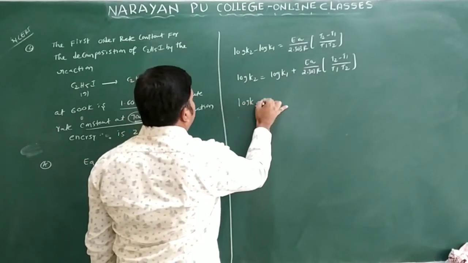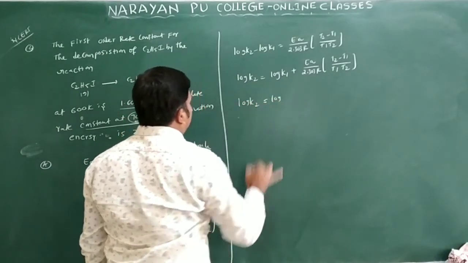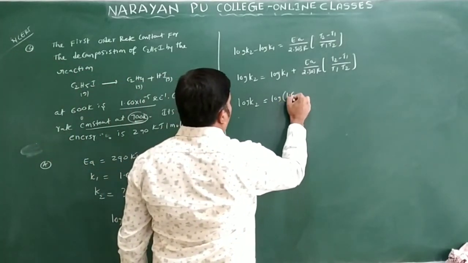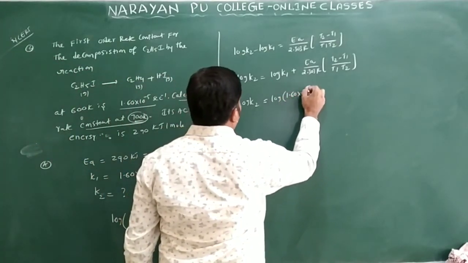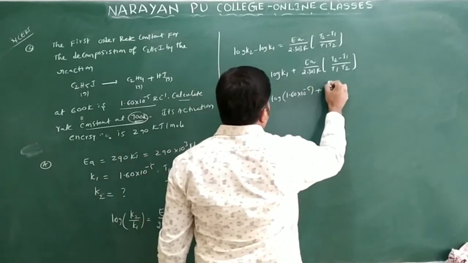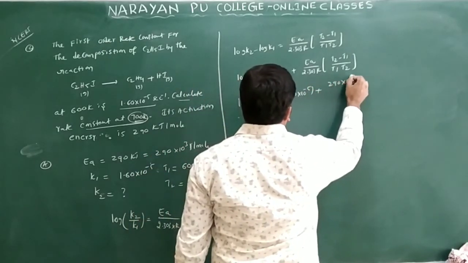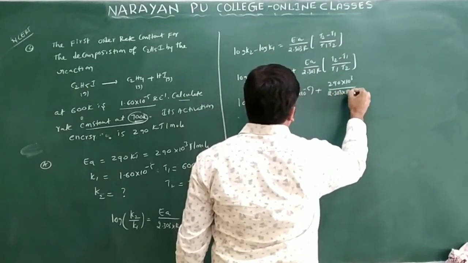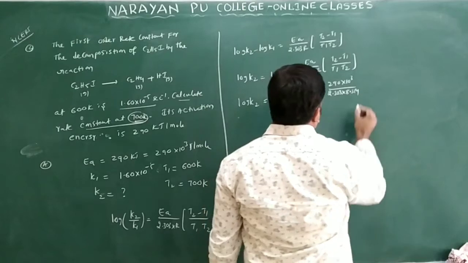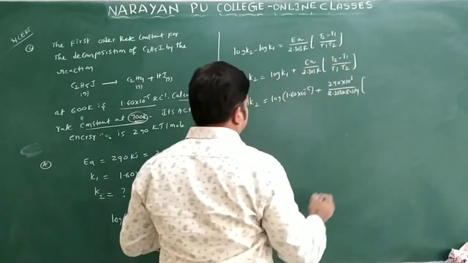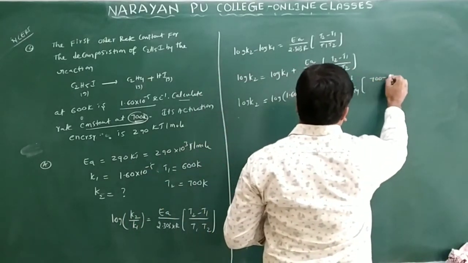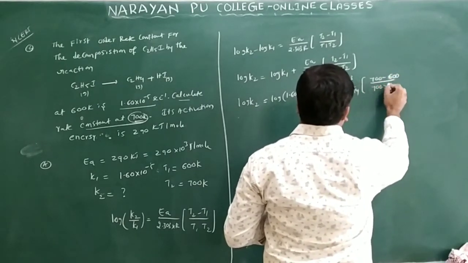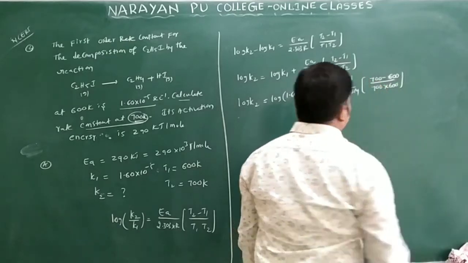Log K2 is equal to log 1.60 into 10 power minus 5 plus 290 into 10 cube by 2.303 into 8.314 into 700 minus 600 by 700 into 600.